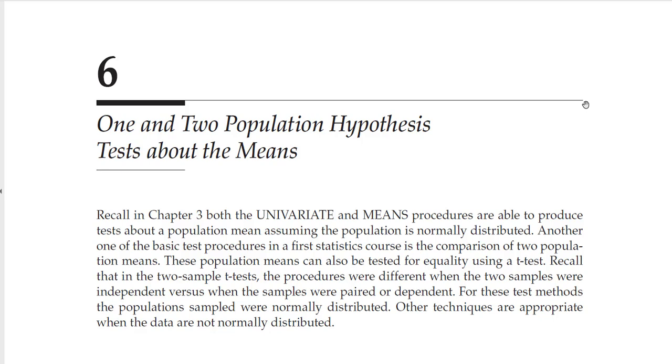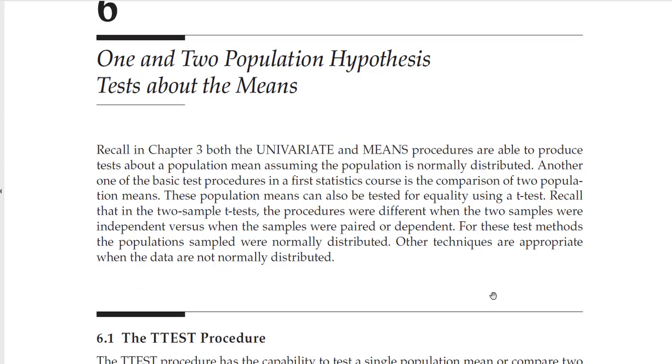We did see some capability in the univariate and means procedures for being able to test a single population mean, and so we'll investigate that type of test here again using t-test in addition to the comparison of two population means, whether the samples are independent of each other or dependent samples.